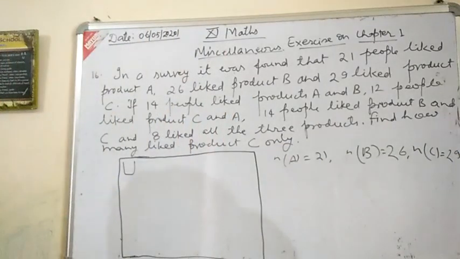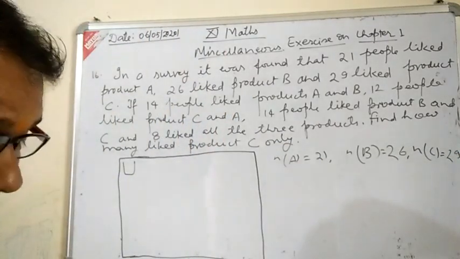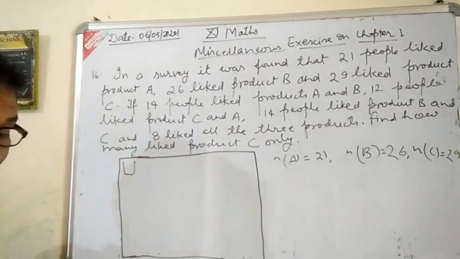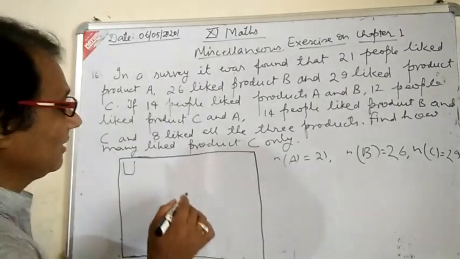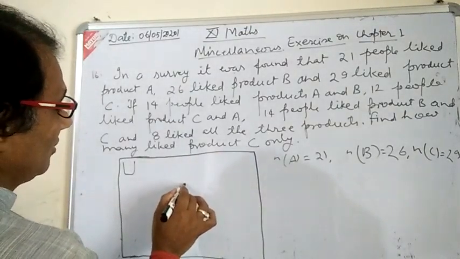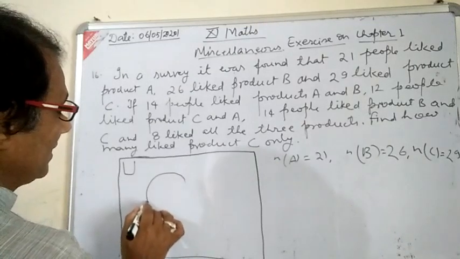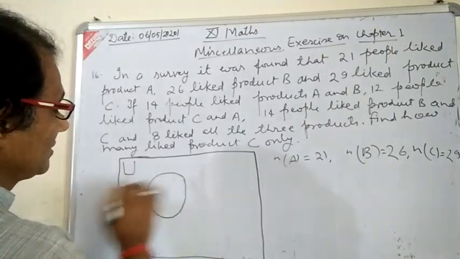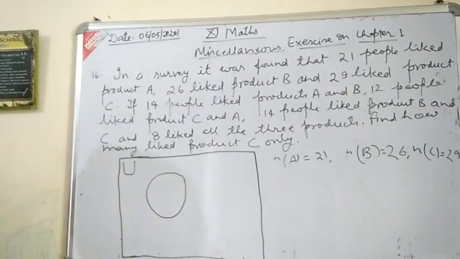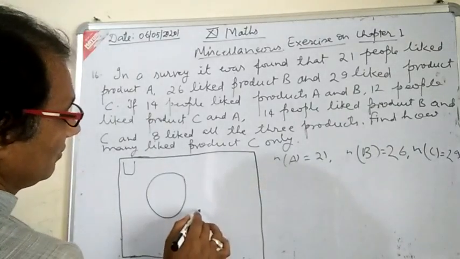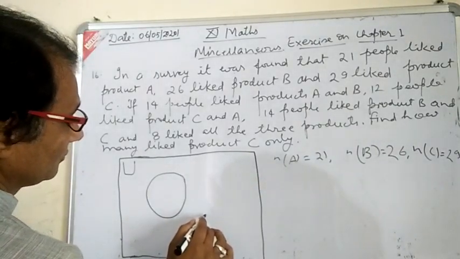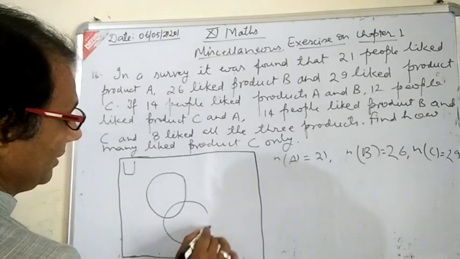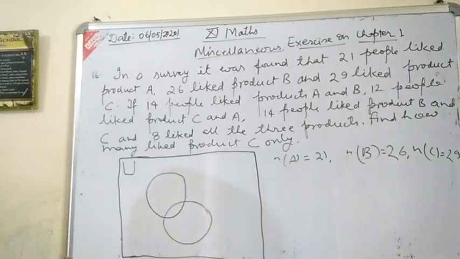We denote the sets in a Venn diagram by using circles. The first circle is of the set A. Then this is set B, suppose.